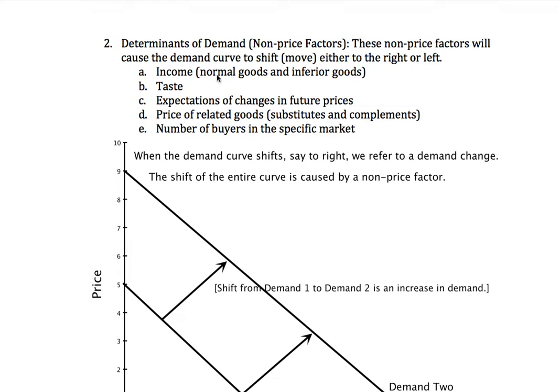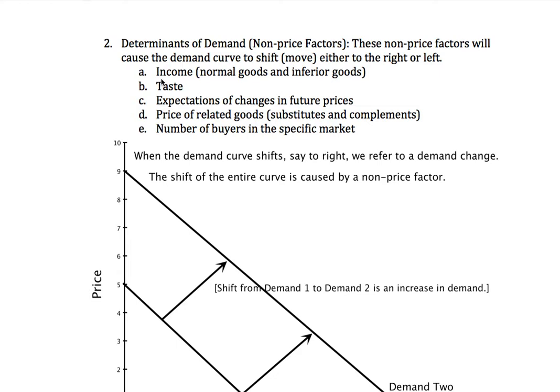Taste. Man, taste. I just have to have that Beamer. So therefore, something's going to happen. Again, we're not talking about price here. These are non-price factors: income, taste, expectations of changes in future prices.